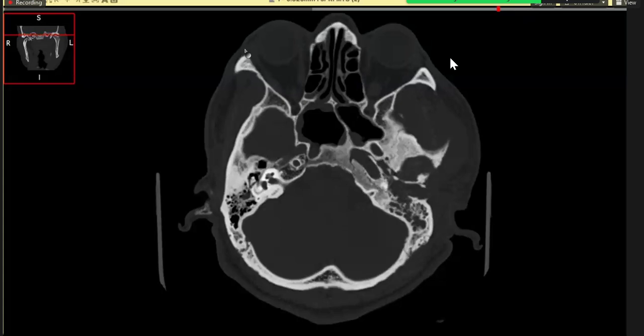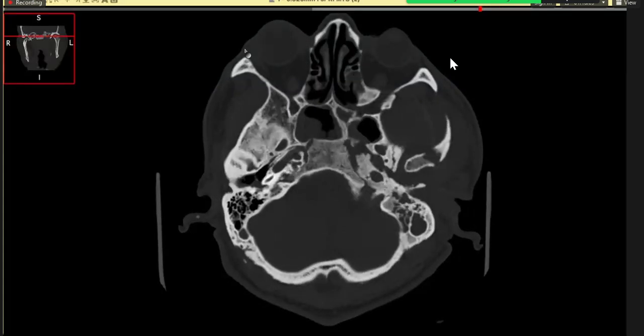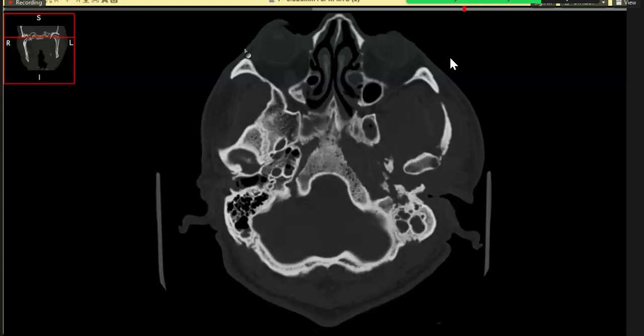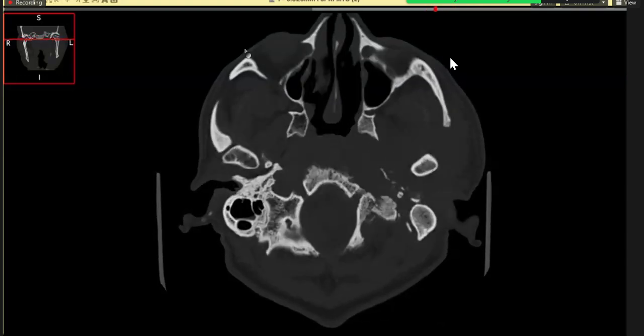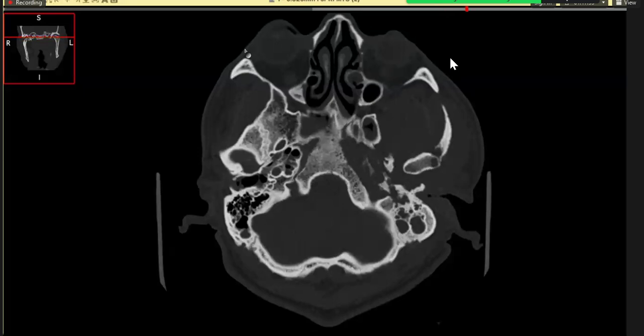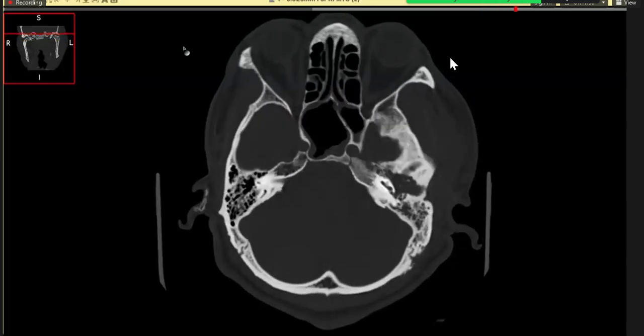On this slide specifically, I can see quite significant bony destruction of the mastoid air cells, and there's fullness of the mastoid air cells.